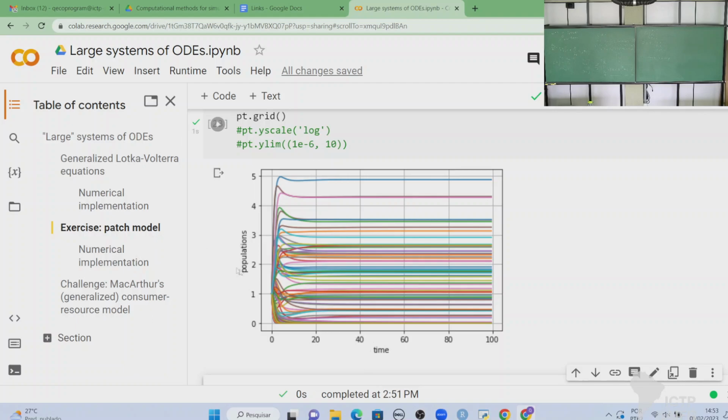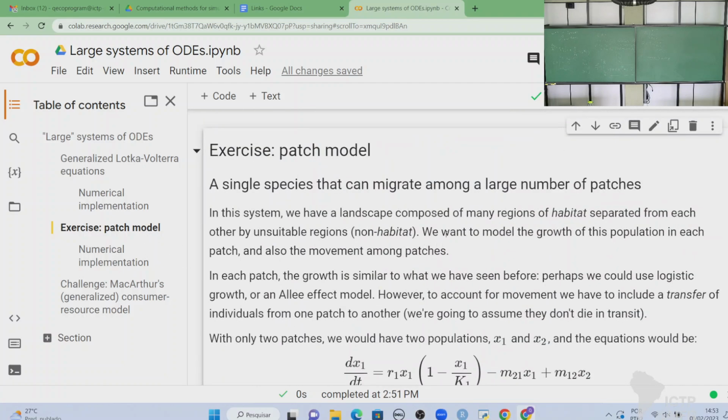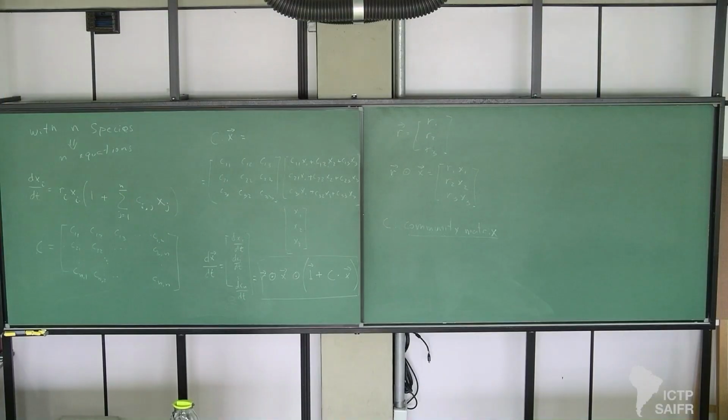Okay, so let's go now to our second example. This is going to be the patch model. So maybe I go to the board again. Yeah, I think it's better to explain.